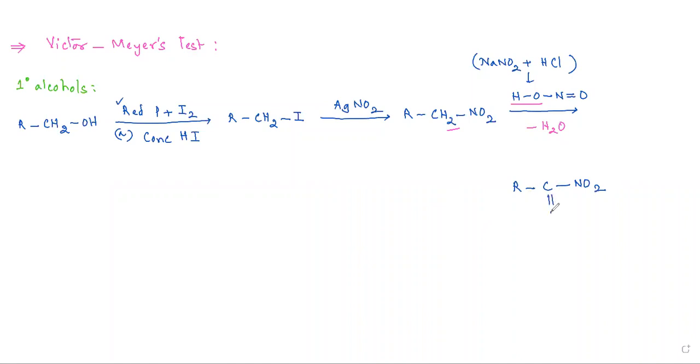Then this double bond N, of course, with OH. This, of course, is eliminated. H2 and this oxygen are eliminated, and we get a double bond. Okay. Now, this is called nitrolic acid.